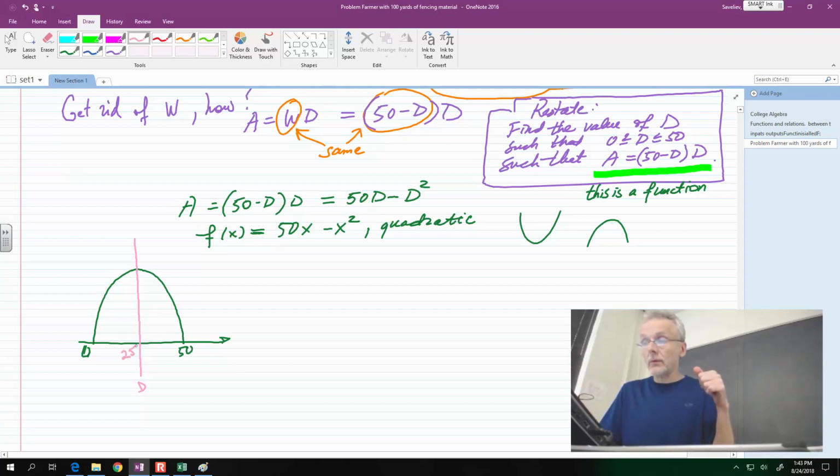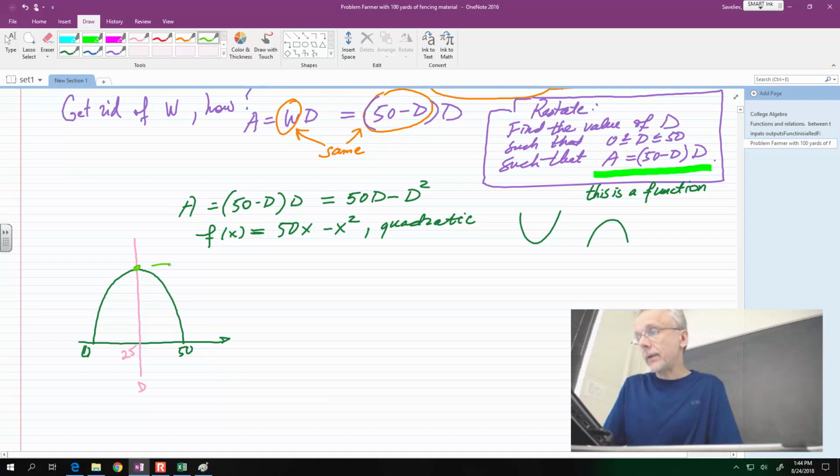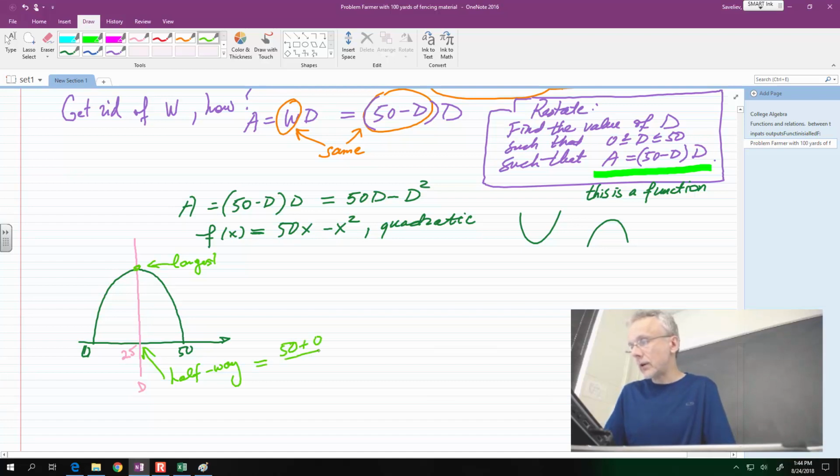So that's what we know about parabolas: the symmetry over its axis, and that axis will give you the largest value of that function. So this is the largest, and this is halfway. So what is halfway? It is 50 plus 0 over 2, which is equal to 25.